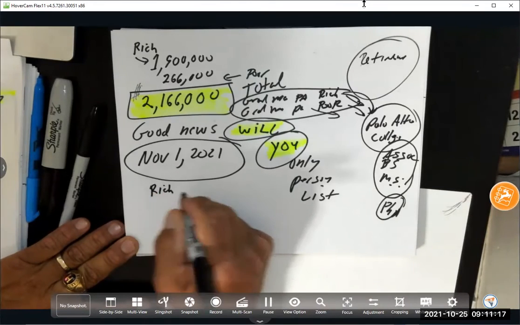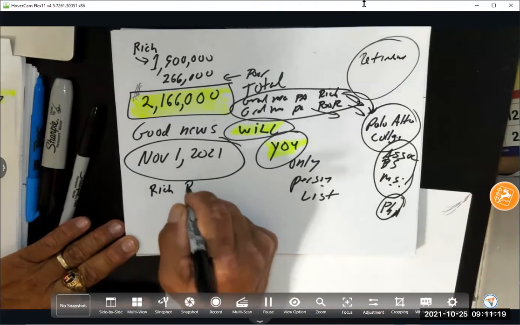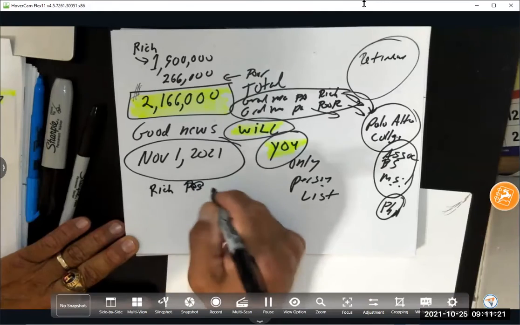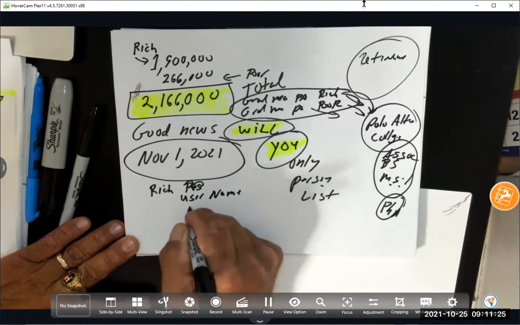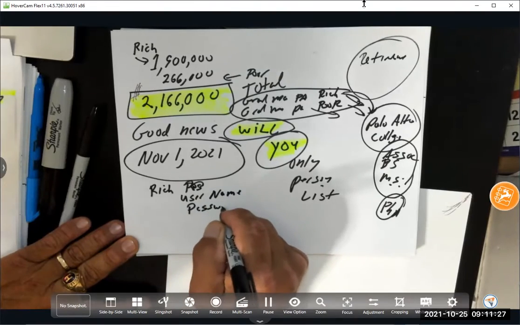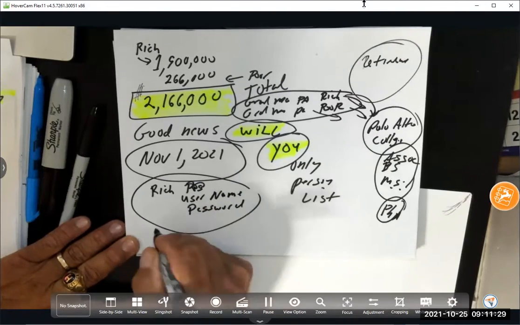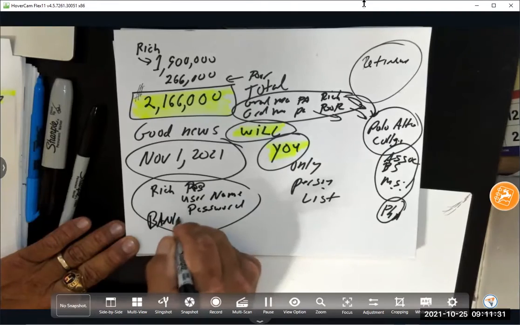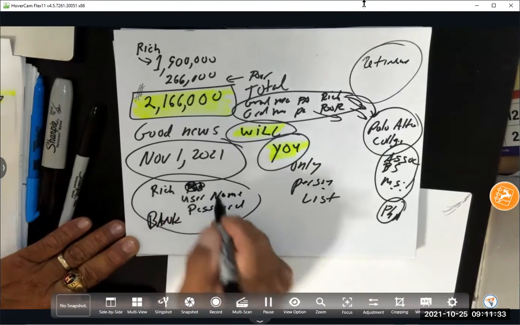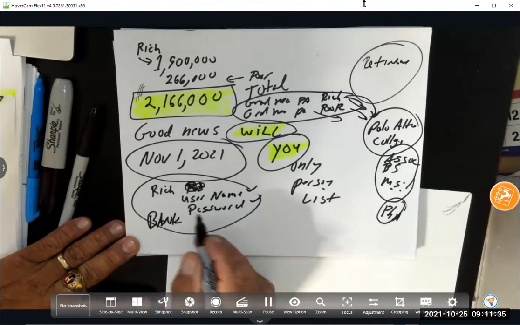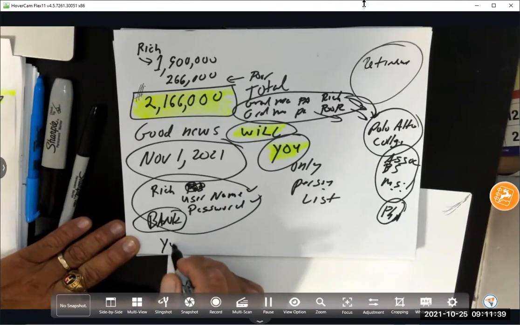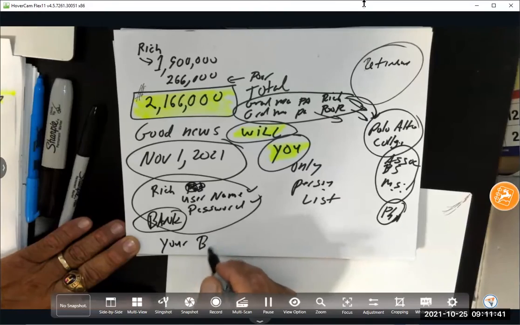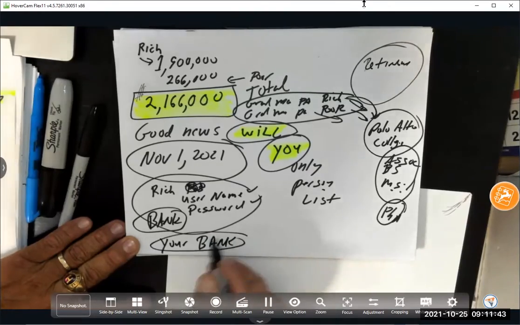So when they pass away, they're gonna say, all right, the grandmas and grandpas gave you this. They give you a username and a password for their bank account that has all this cash in it. The rich grandma says, look, here's our username, here's our password. We want you to get all this money and transfer it to your bank account. Okay, thank you. And we're gone, and we're gonna be gone pretty soon.